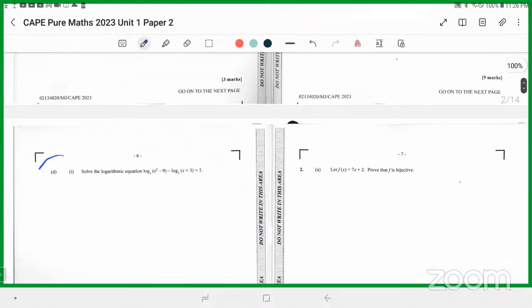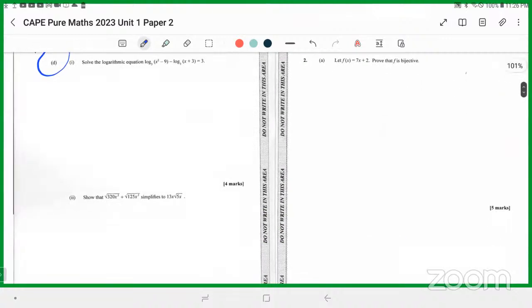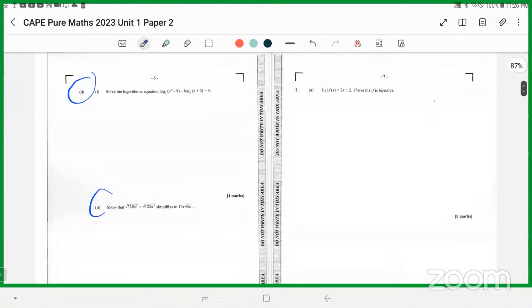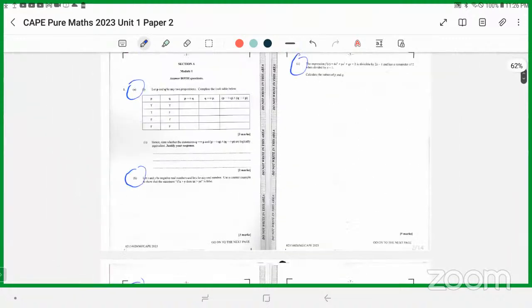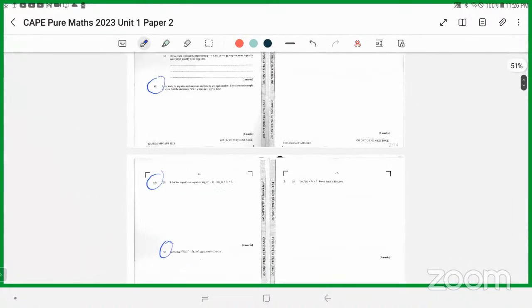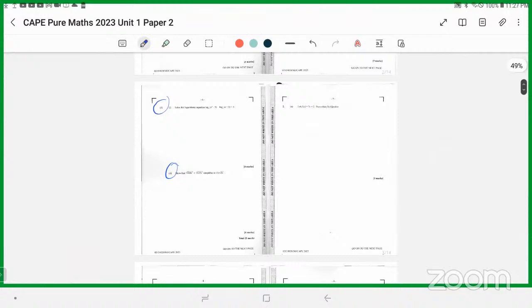D is logs, and this is like a search part of the logs. And it's still a different question, they're not related. So question 1 has about 5 different questions in it. 1, 2, 3, 4, 5 different questions.